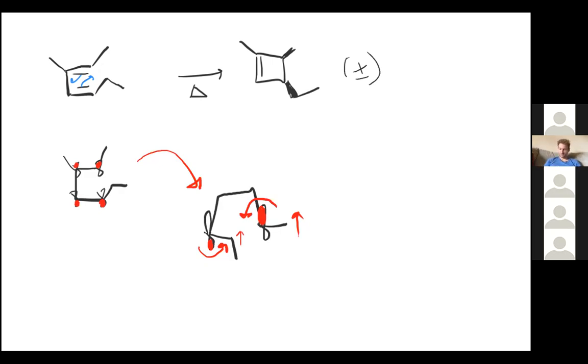All right, with light, it's almost the exact same reaction. The only difference is going to be our orbitals. So taking a look at this here, we have three double bonds, which means we're going to make a six-membered ring.